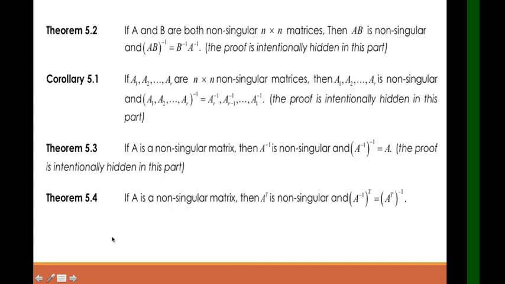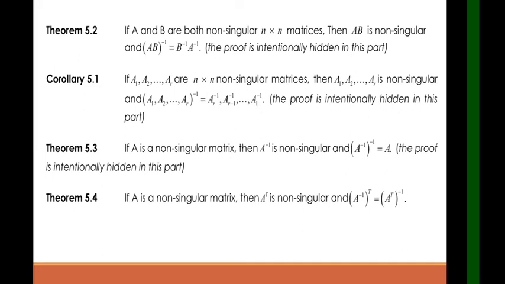Okay? Now, in theorem 5.2, if A and B are both non-singular n by n matrices, then AB is non-singular, and quantity AB raised to negative 1 is equal to B raised to negative 1, A raised to negative 1.